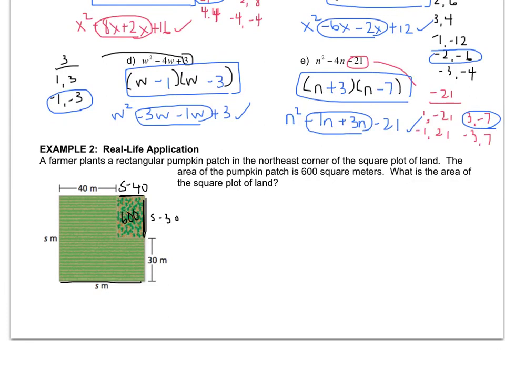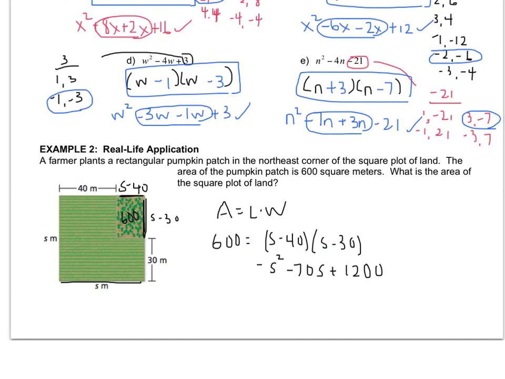So the area, remember area is length times width, so it's 600 equals S minus 40 times S minus 30. Please pause the video, use FOIL or whatever technique you want, and then right here, write down what you get as your final answer, and then play back the video.